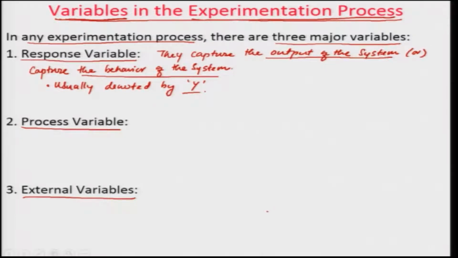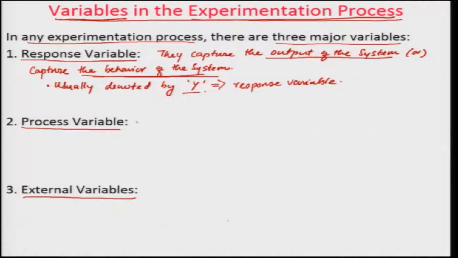So, it is sometimes also called the response variable y. The most commonly used notation for this is y. What it does is capture the behavior of the system, or in a way, it contains the output of the system.